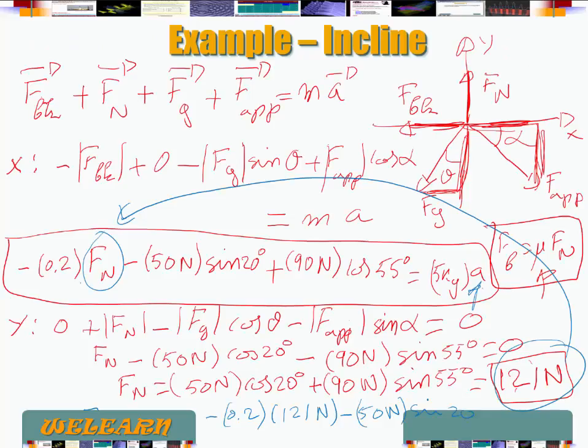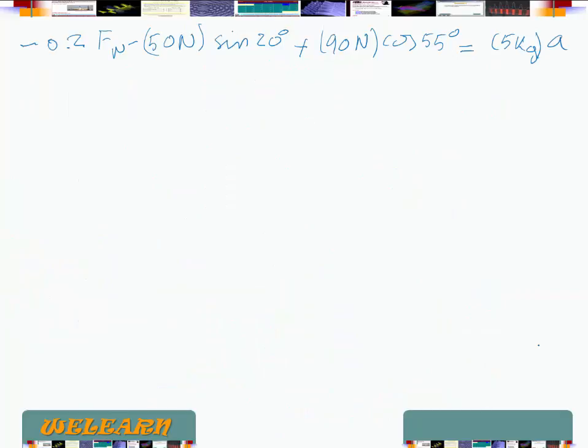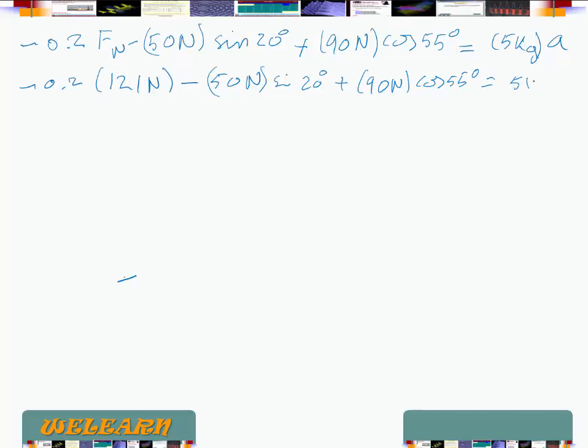And then we replace Fn by 121 newtons. So this is minus 0.2 times 121 newtons minus the 50 newtons sine 20 plus the 90 newtons cosine of 55 is equal to 5 kilograms times A. So now all we have to do is calculate all of these.